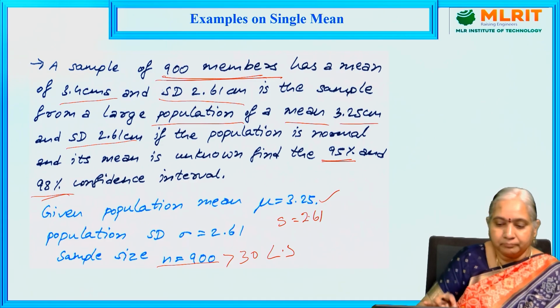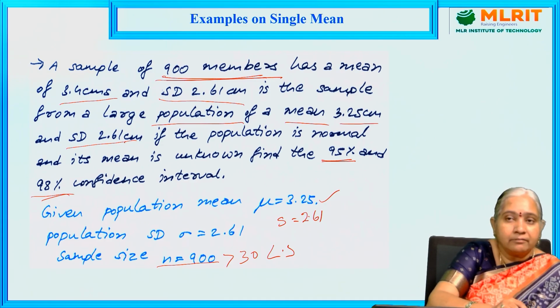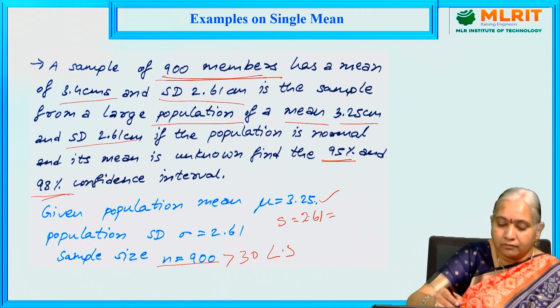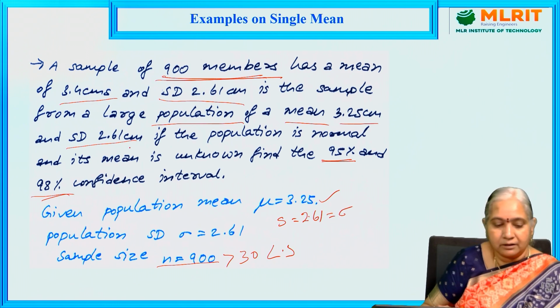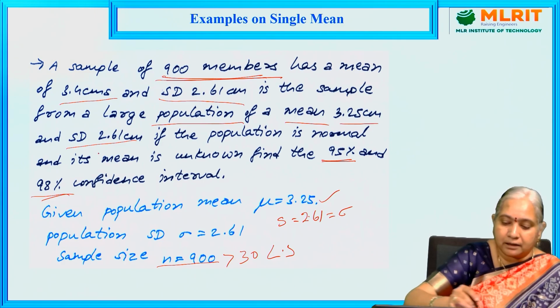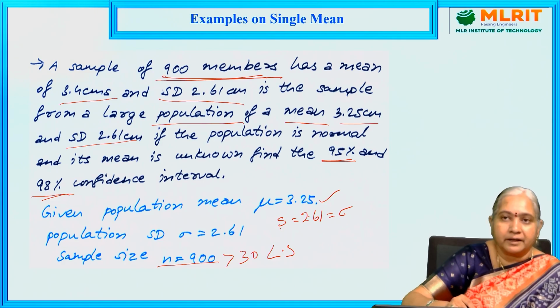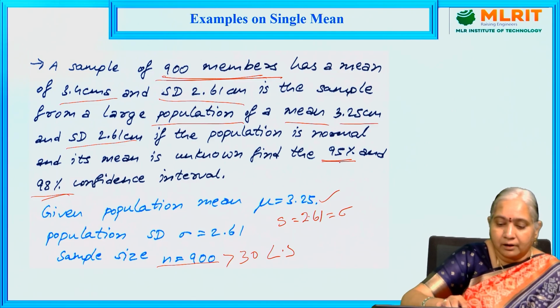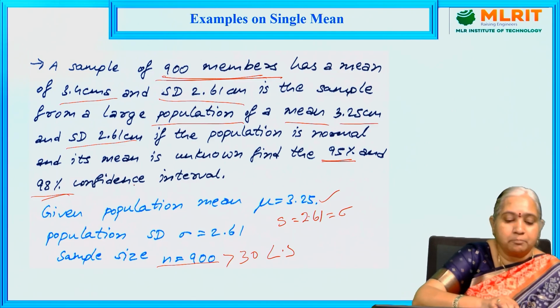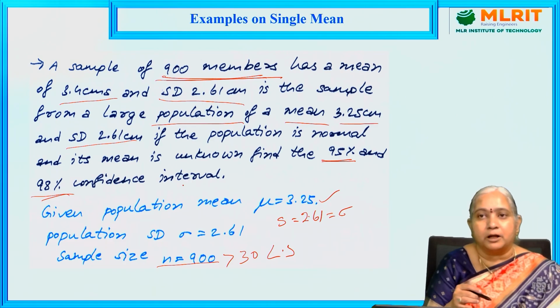And the population standard deviation is also given, that is equal to the sample standard deviation, sigma equal to 2.61. So population standard deviation is denoted by sigma, sample standard deviation is denoted by S. These two values are equal. So S equal to sigma equal to 2.61. And here we also calculate the 95% and 98% confidence interval for population mean.